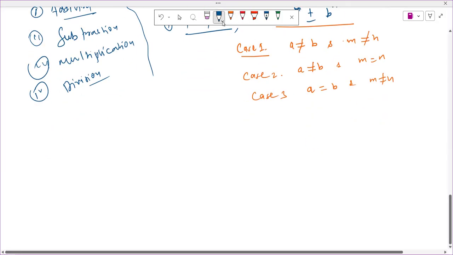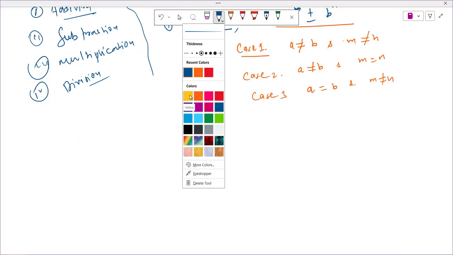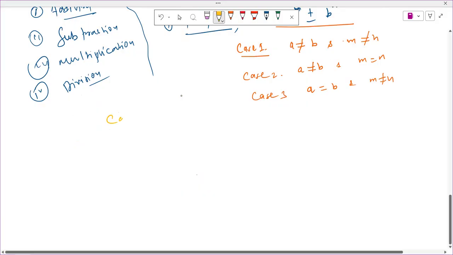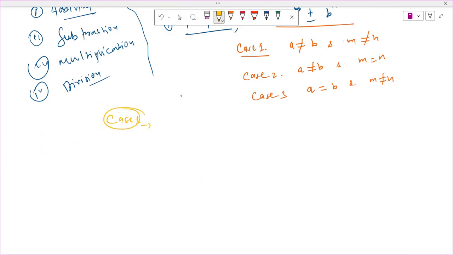What is the first case? Case 1: we have two numbers, a to the power m and b to the power n, with a not equal to b and m not equal to n.